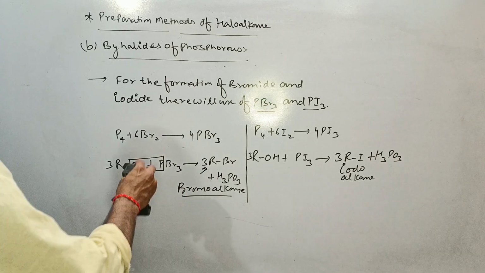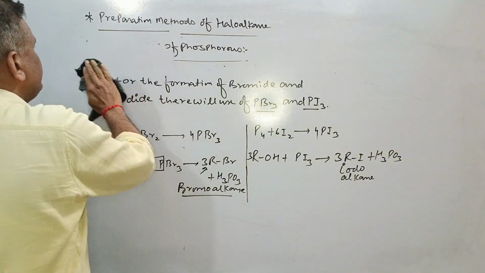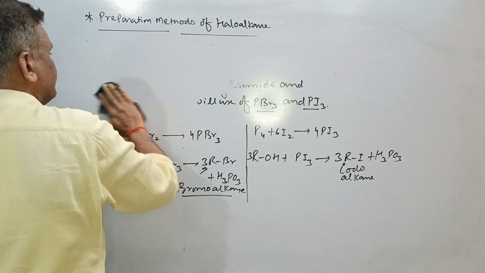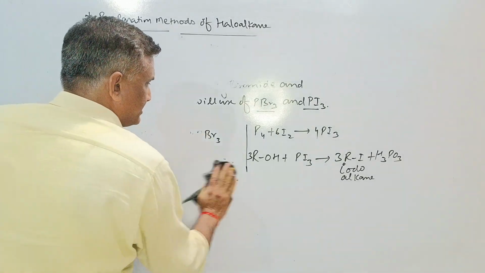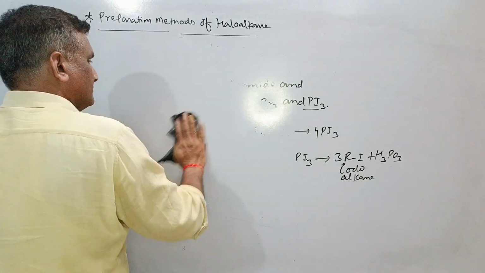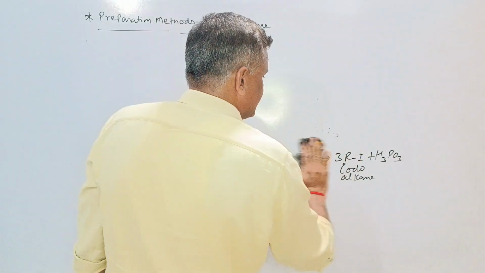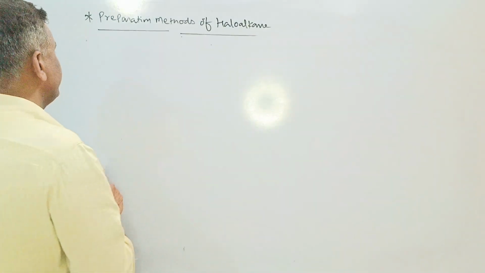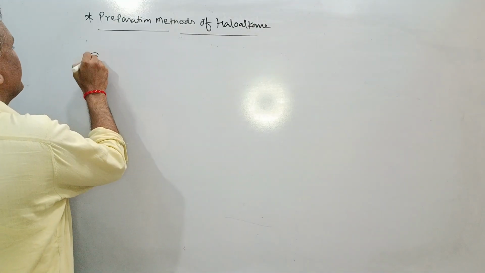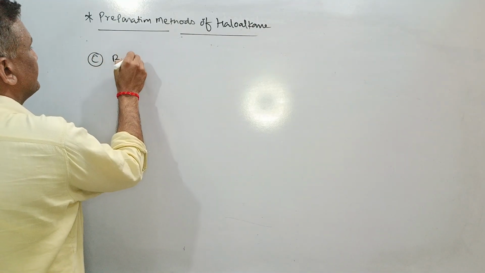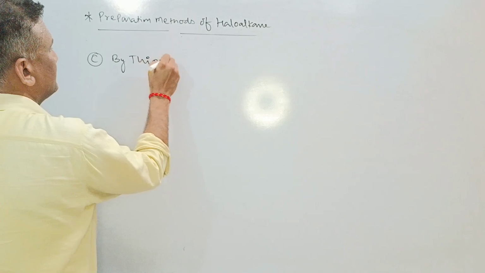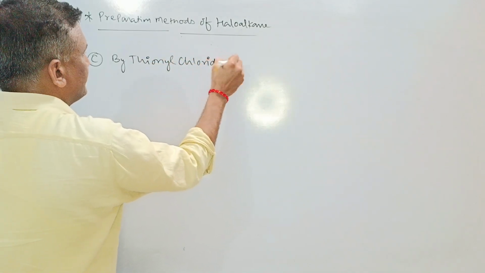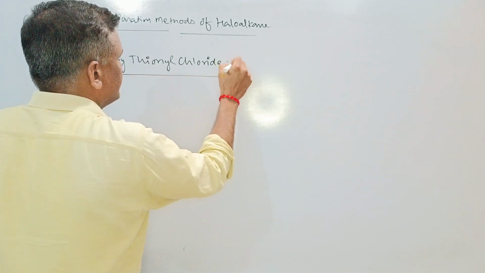Now I would like to go with the third method, the C method, by using thionyl chloride. It's very important. This is the reaction by thionyl chloride, a very important technique for the formation of chlorides.